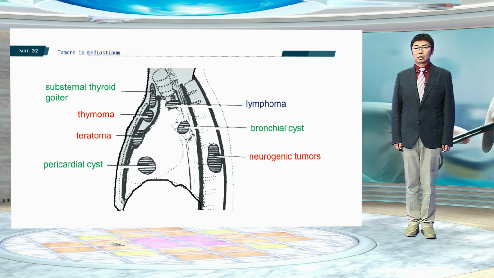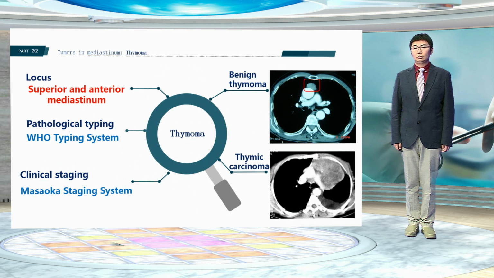Thymomas are found in the superior and anterior mediastinum. Teratomas are found in the anterior mediastinum. In the middle mediastinum, we can find bronchial cysts and pericardial cysts. Lymphomas are found in the middle and anterior mediastinum. In the posterior mediastinum, neurogenic tumors can be seen.